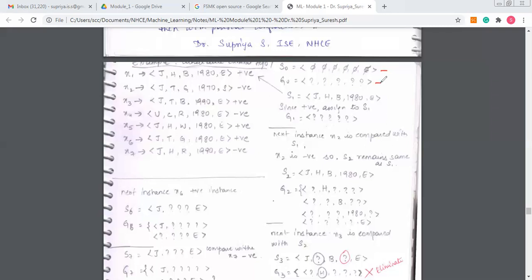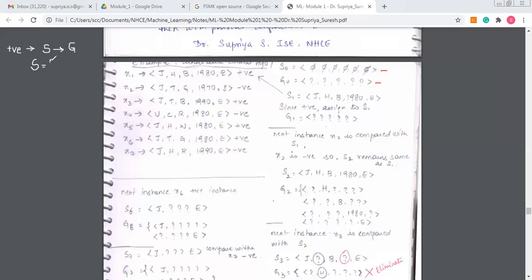When we have a positive sample, we have to perform two steps. What are those? I'll write that on the left hand side of the space here. When I get a positive sample, I'm going to move from specific to generic. I'm only going to deal with the specific term.